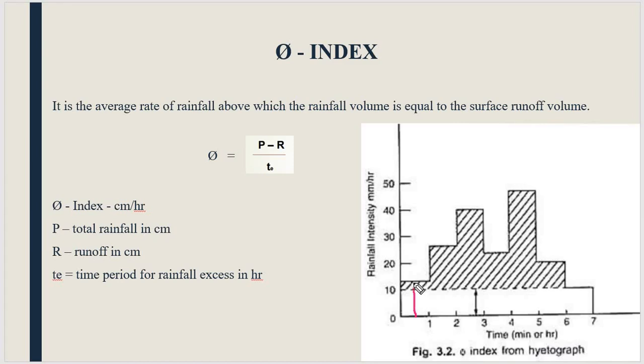At 1 hour this is the total rainfall, and at 2 hours this will be the total rainfall, and this is for the 3rd hour, 4th hour, until the 7th hour. Now you can see some shaded portion here, which is nothing but the runoff. So this is your total rainfall, and the shaded portion will be your runoff.